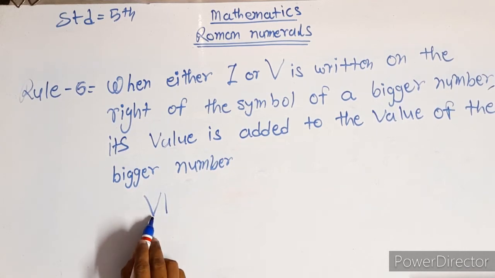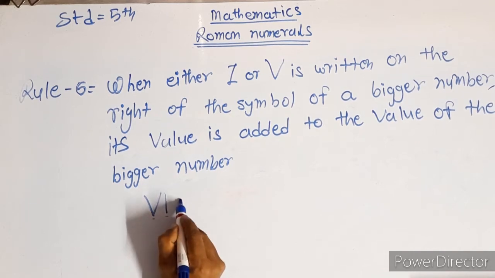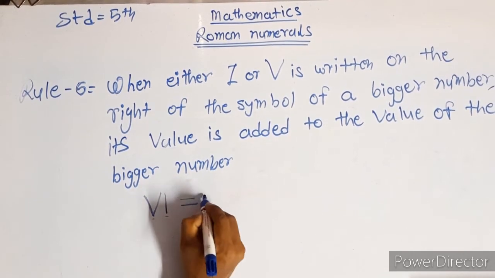I is smaller than V and V is bigger than I. If we use the smaller value symbol right after the bigger, it means addition.